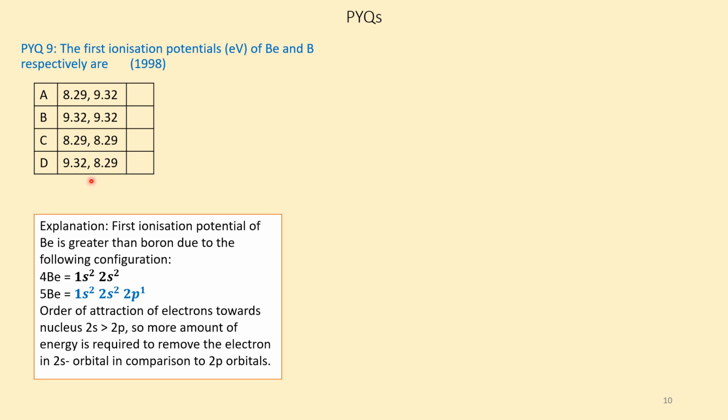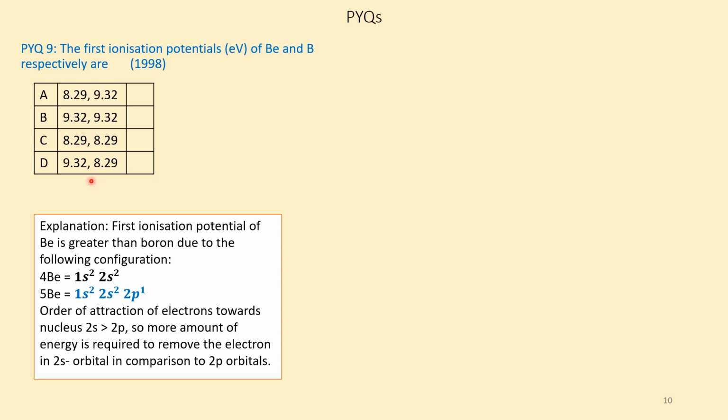The first ionization potential of beryllium is greater than boron due to the following configuration. Beryllium, atomic number 4, is 1s² 2s², and boron, atomic number 5, is 1s² 2s² 2p¹. The order of attraction of electrons towards the nucleus is 2s greater than 2p.